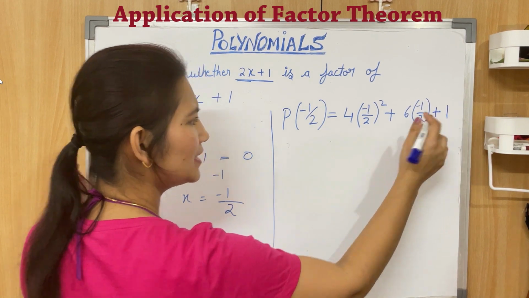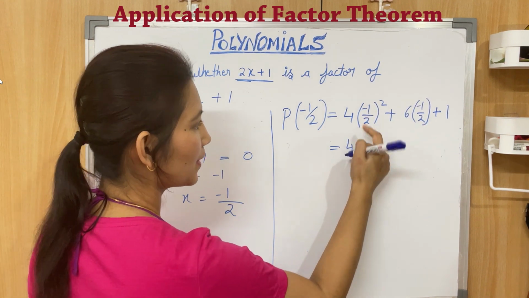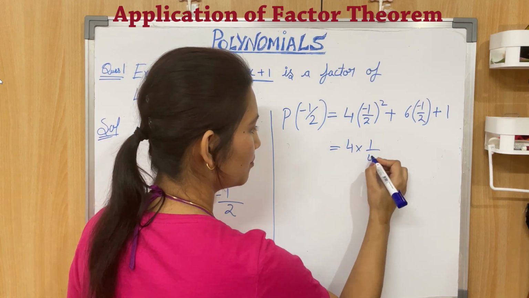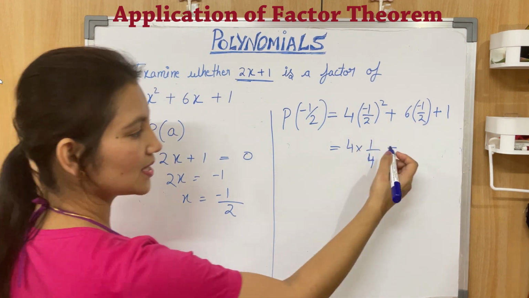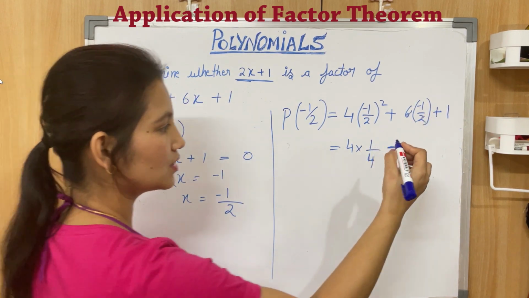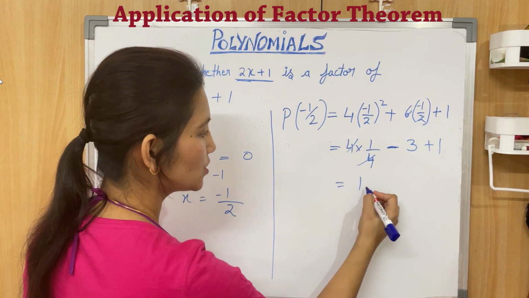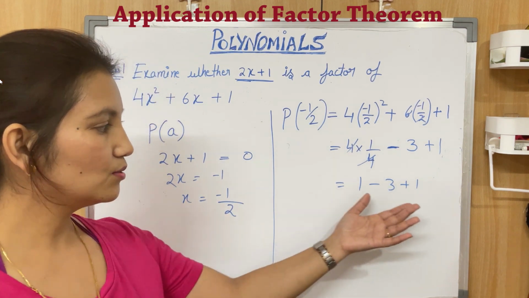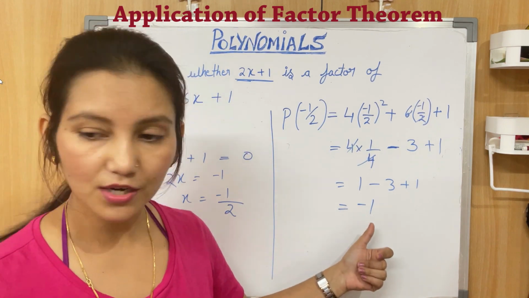We are simply replacing x with minus 1 upon 2, and then we'll solve it. So 4 into 1 upon 4. Then this is only 1 upon 2, so the sign will be minus: 2 cancels 6, it will be 3. So minus 3 and then plus 1. 4 cancels 4, 1. So 1 minus 3 plus 1. Now plus 1 plus 1 is 2, and 2 minus 3 will be minus 1. So P of minus 1 upon 2 is minus 1.